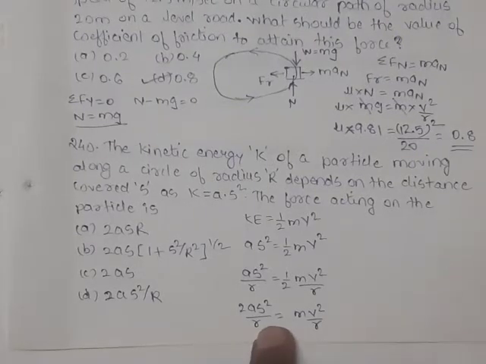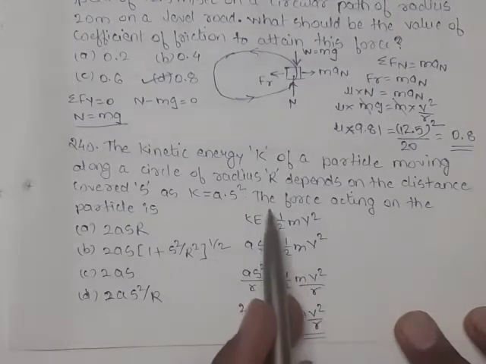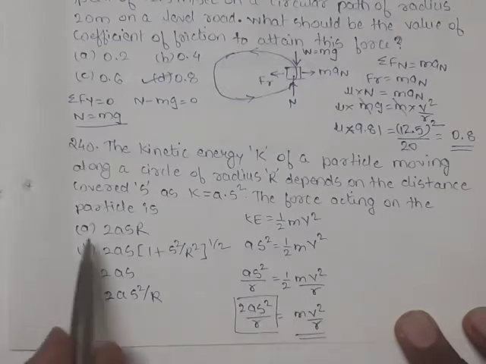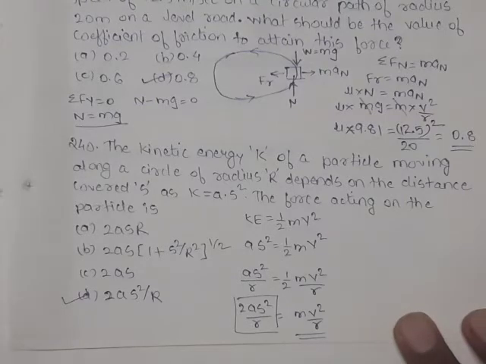If you remember, this right hand side mv square upon r is nothing but the inertia force. It is required to keep the particle moving in a circular path. So this right hand side is nothing but our inertia force, or the force acting on the particle. So this is our required answer, 2 a s square upon r. Out of the 4 options, option D is our answer.